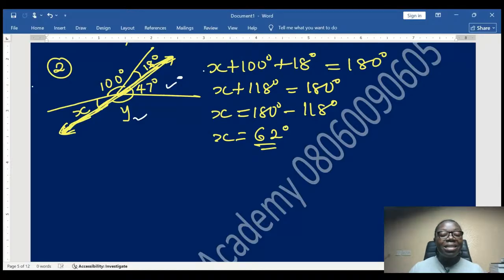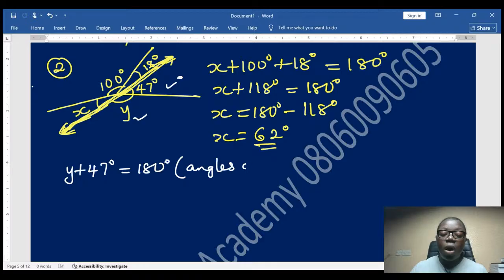They are lying beside each other. So Y and 47 degrees are angles on a straight line, which means if we add both of them together, we should have 180 degrees. And the reason is they are angles on a straight line.